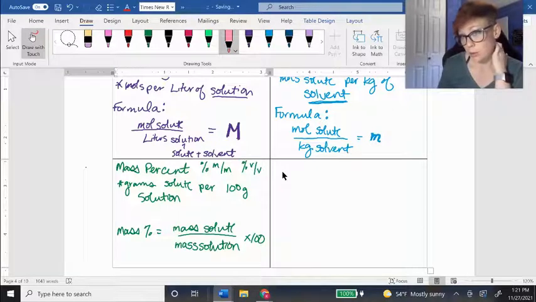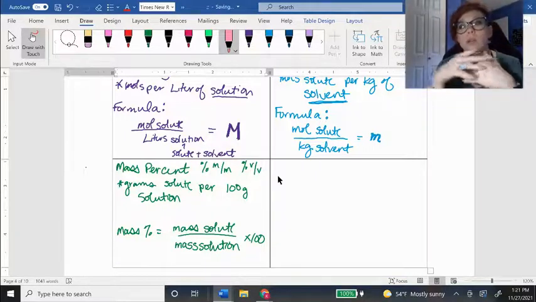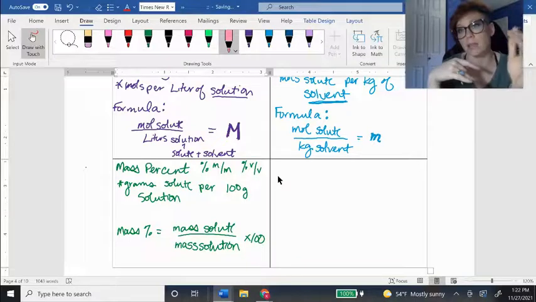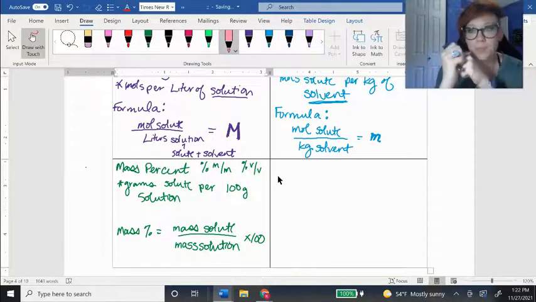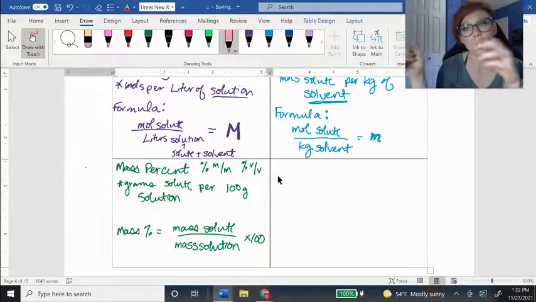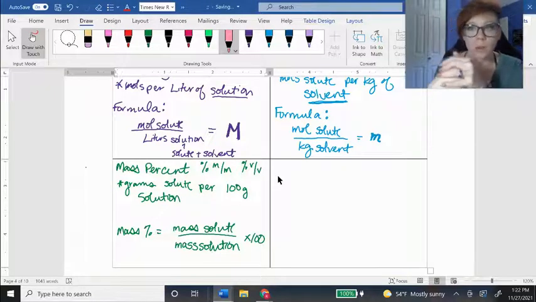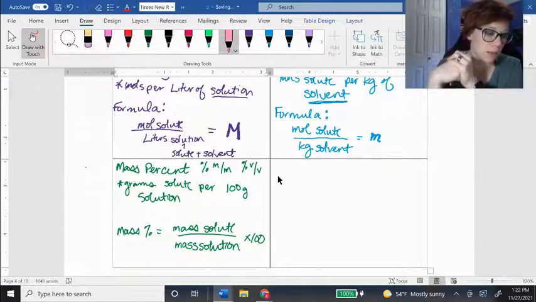You have very dilute solutions. Part of the reason why I go over very dilute solutions is because your water company will release a water quality report. And in order to be able to read that water quality report, you need to know what these terms mean.